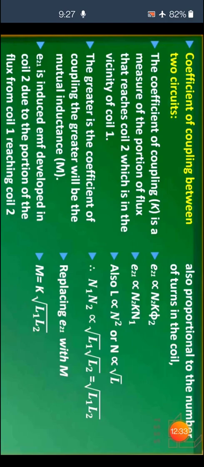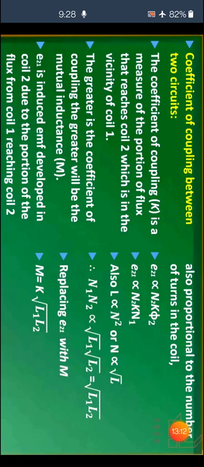Also here L is directly proportional to N square, or capital N is directly proportional to under root of capital L. Therefore, we can write N1, N2 are directly proportional to under root of L1 and under root of L2, both together under root of L1 L2. Now the equation is given, E21 is directly proportional to K under root of L1 L2.